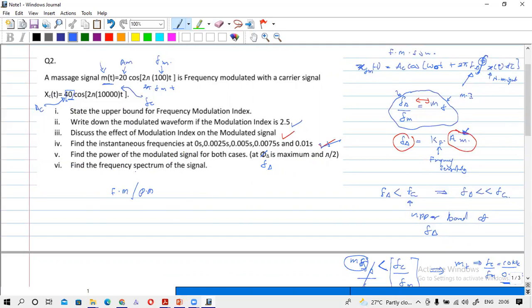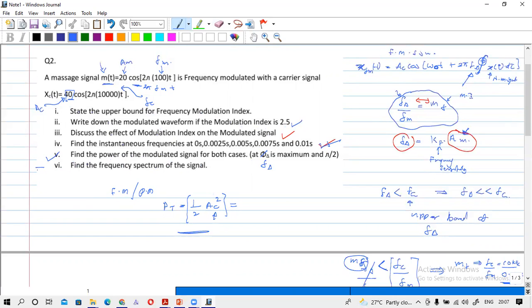So always we have the transmit power as half Ac squared. It does not depend on the message signal or modulation index. It only depends on the carrier signal amplitude, Ac squared. So you can easily find the power of the modulated signal.